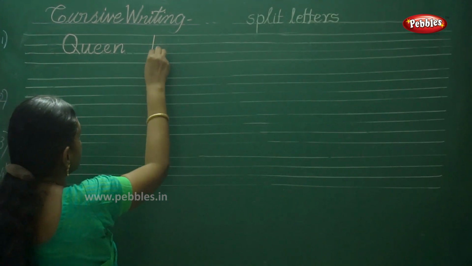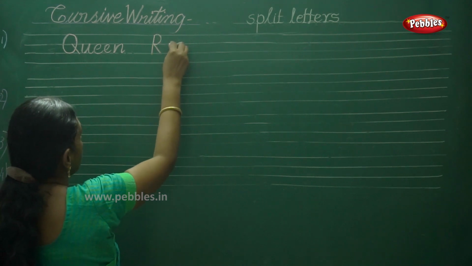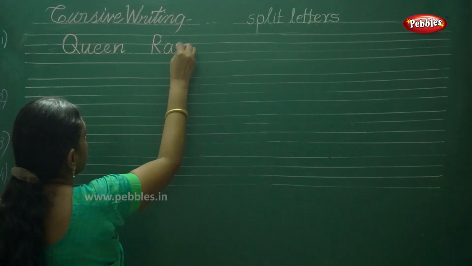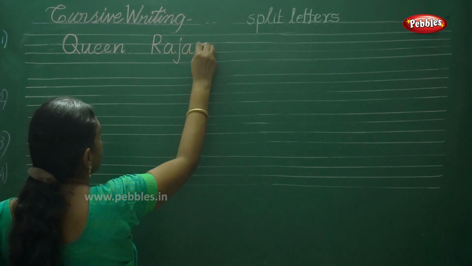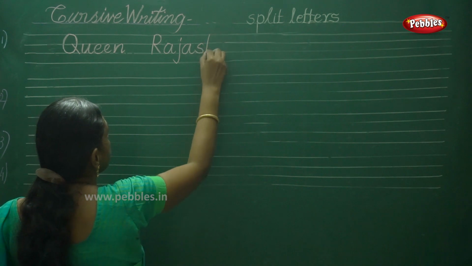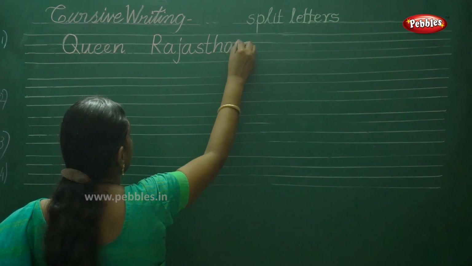Then R, okay, Rajasthan. But with split handwriting also you have to observe the lines, children.